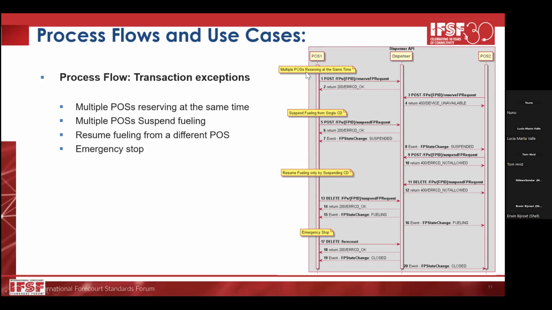Here, for example, if more than one POS tries to reserve, the first one will receive the OK, but the second POS will receive that the fueling position is unavailable. So that POS will know that it cannot manage that fueling position for the transaction.